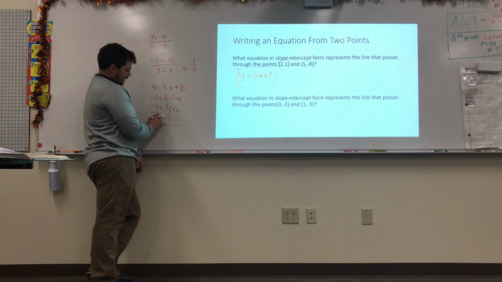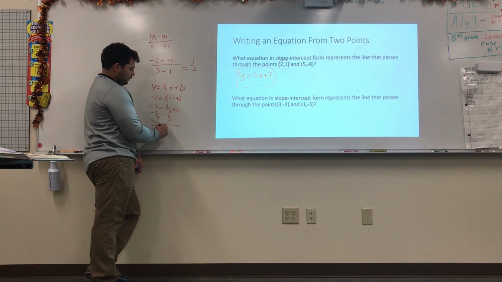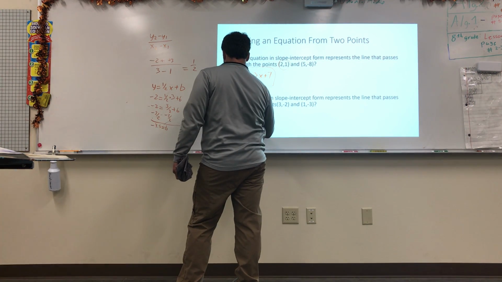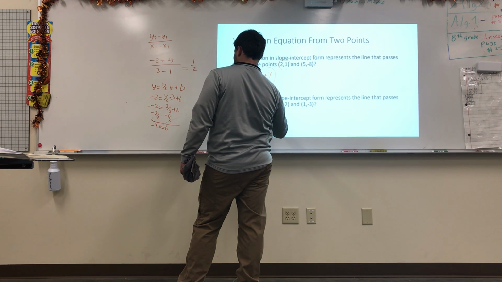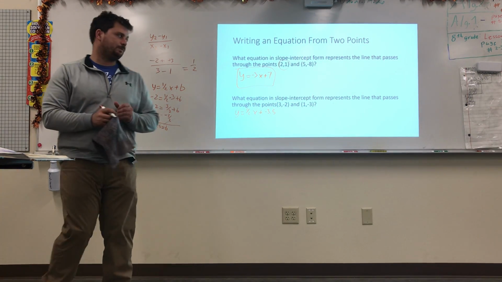We end up getting a kind of weird number because this is 1/2 negative, so you're going to add your negative, and you're going to get negative 3.5 is what b equals. So your equation for this one would be y equals 1/2 x plus negative 3.5. That would be your equation for that one.